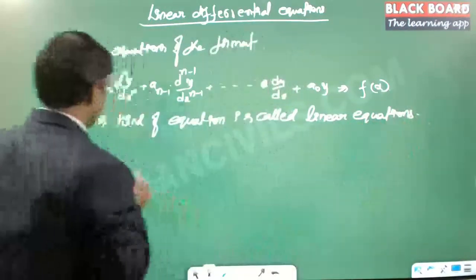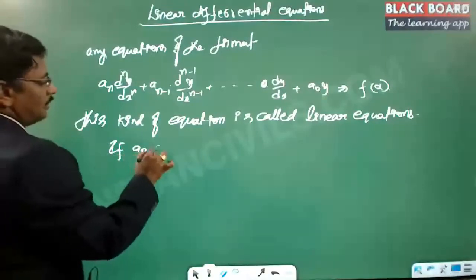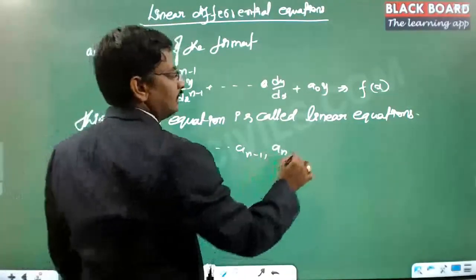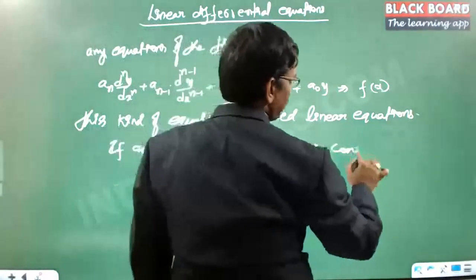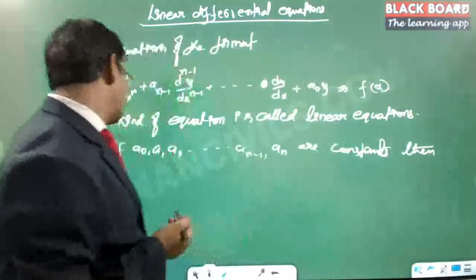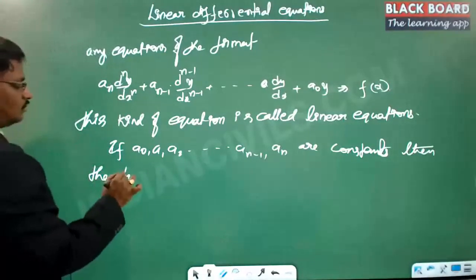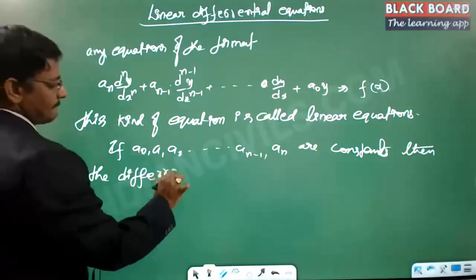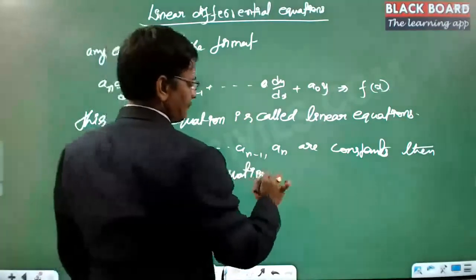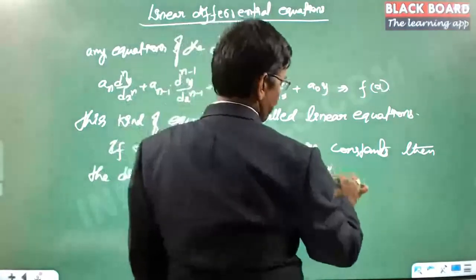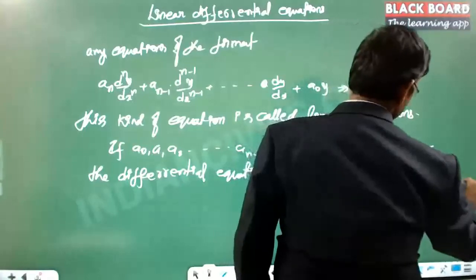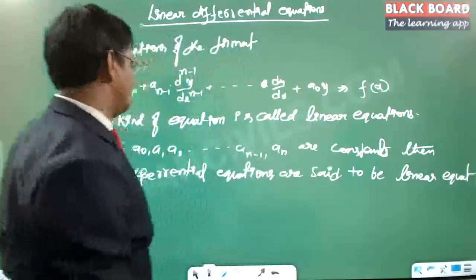And the next one is, if a naught, a1, a2 dash dash dash an minus 1, an are constants, then the differential equations are said to be linear equations with constant coefficients.